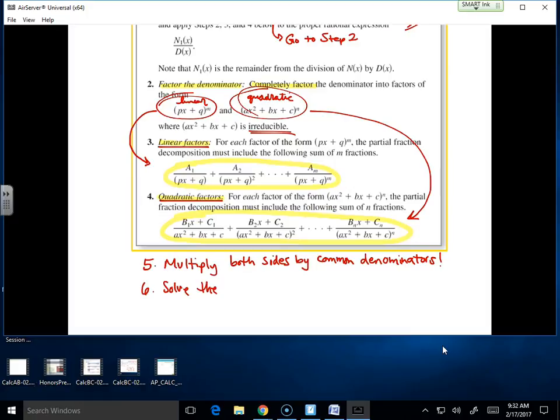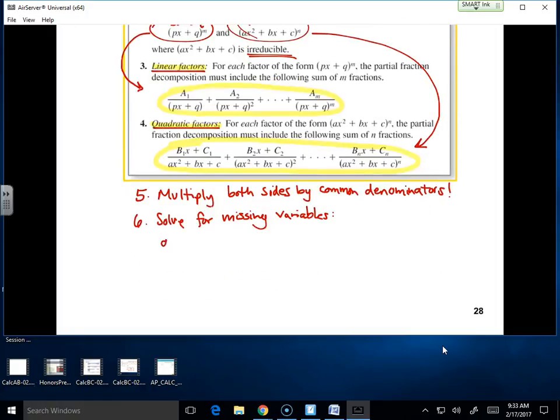Solve for the missing variables. And there are different techniques. Technically, there are two different approaches.